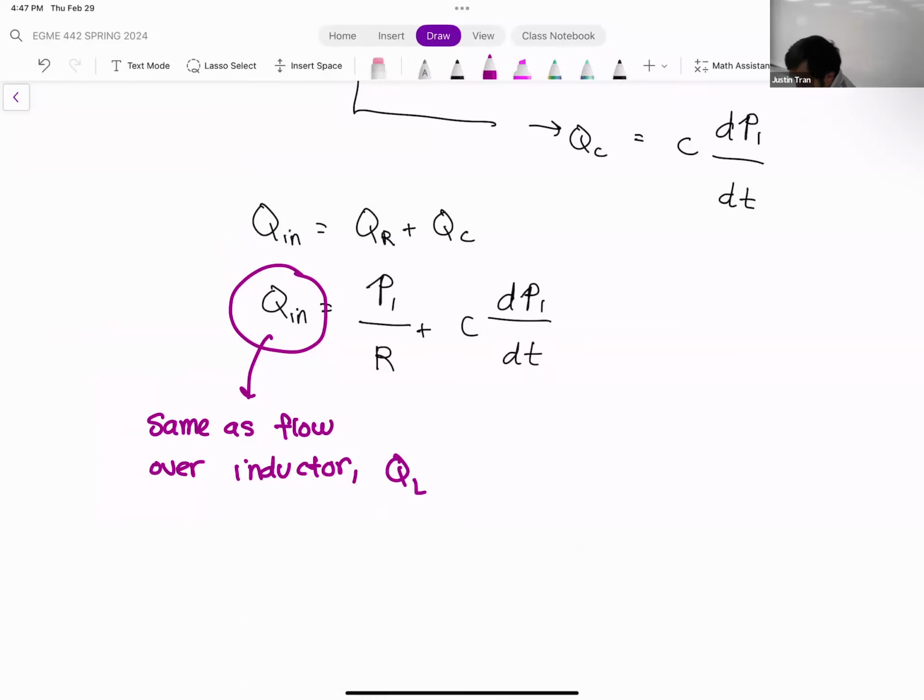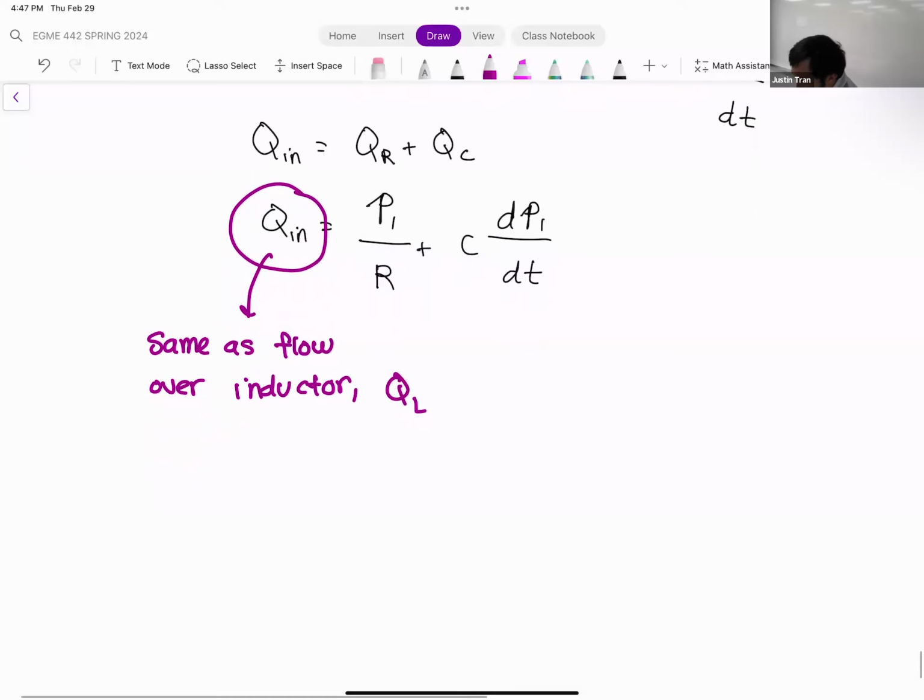All right, so let's go ahead and plug that in. And I'm going to do the same thing that we did last time. Let me divide by C. Okay. Just to isolate, mostly just to isolate the pressure derivative. Okay.